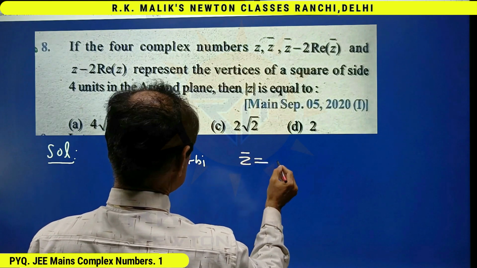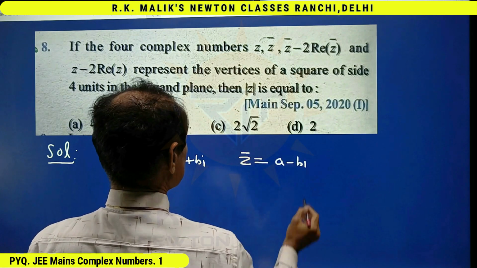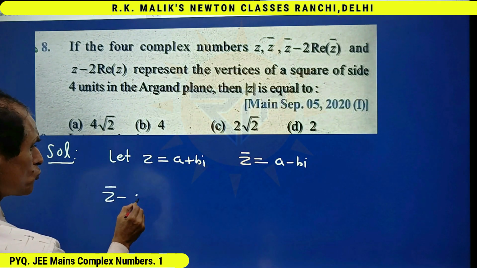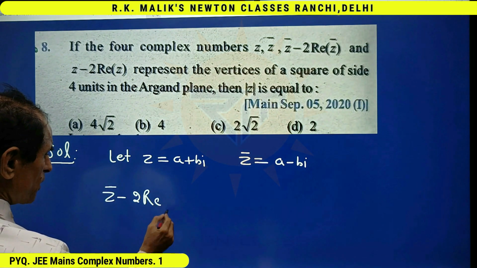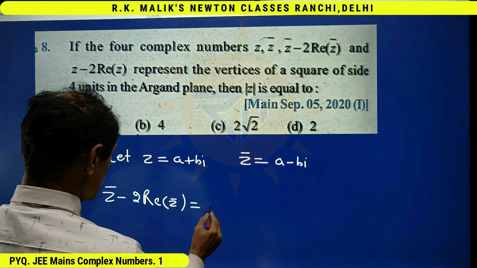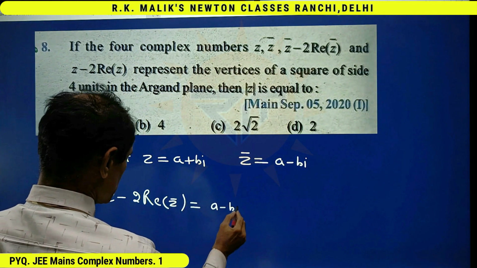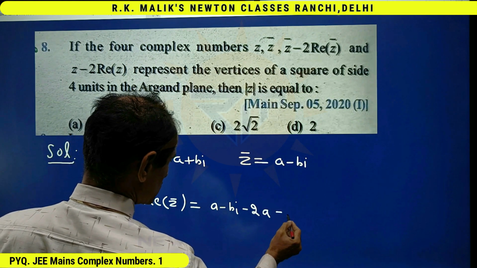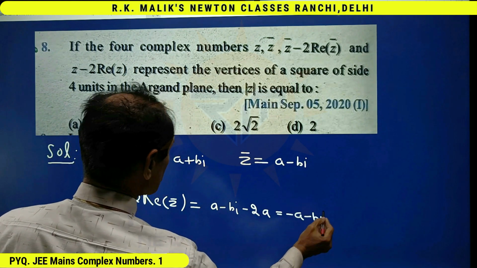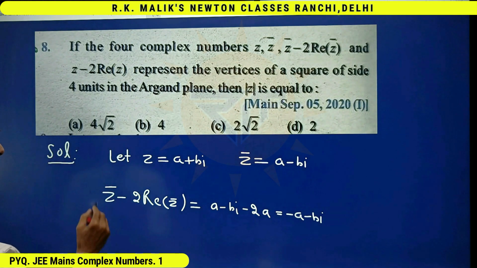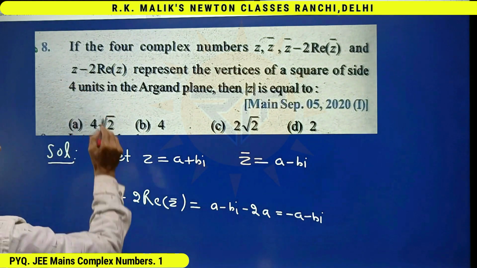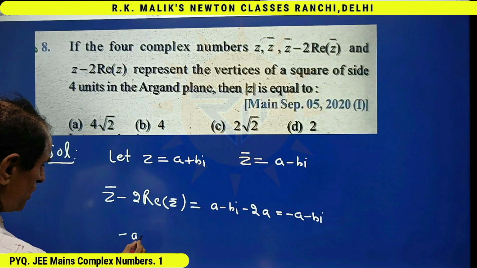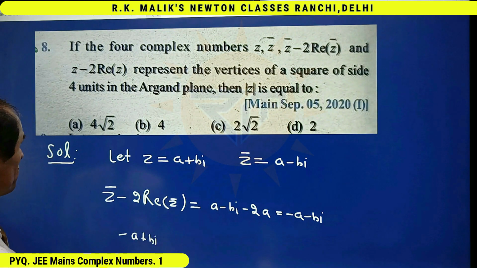Clearly z bar will become a minus bi, and z bar minus 2 times real part of z bar will be a minus bi minus 2a, that is minus a minus bi, and similarly this will become minus a plus bi.